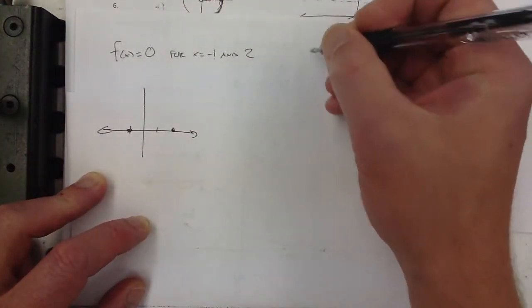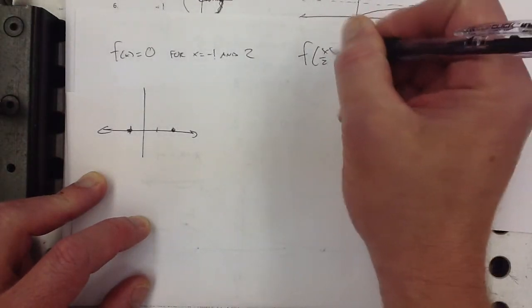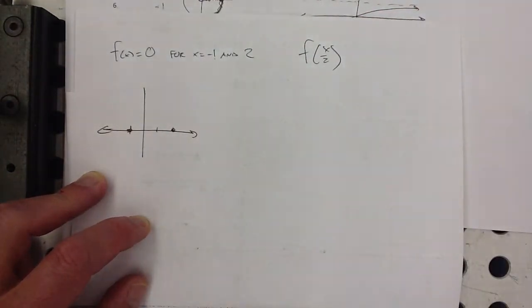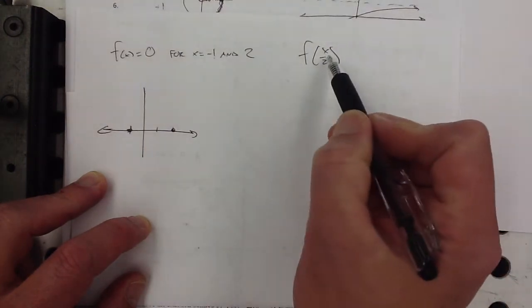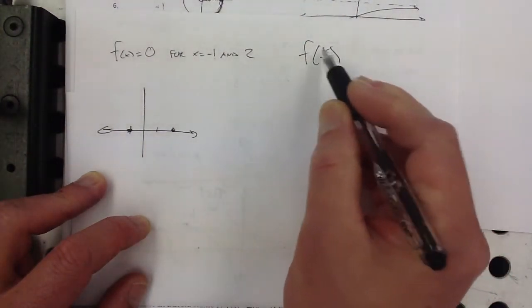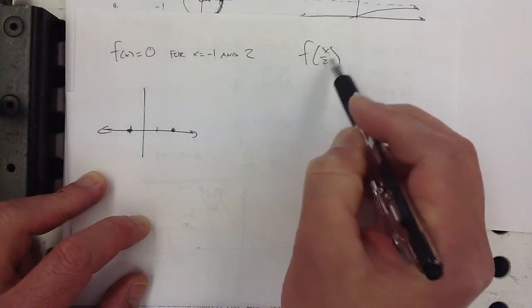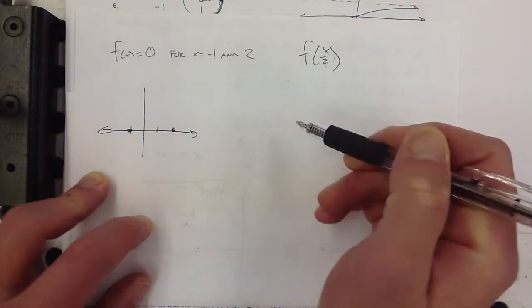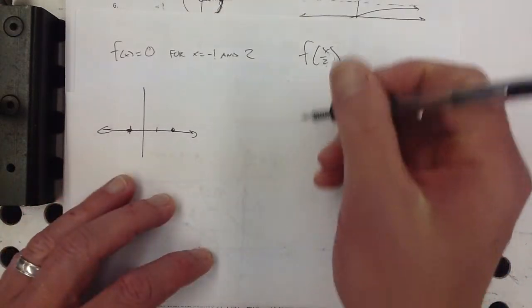Now, what kind of transformation is it when you do f of x over 2? What happens when you divide by 2 in here? Well, when you mess with x's on the inside of a function, sort of the opposite of what you think might happen would happen.